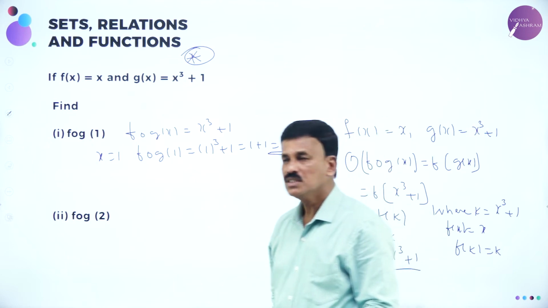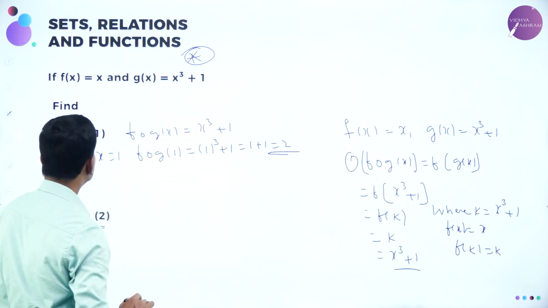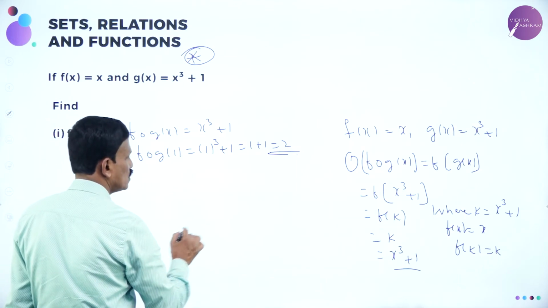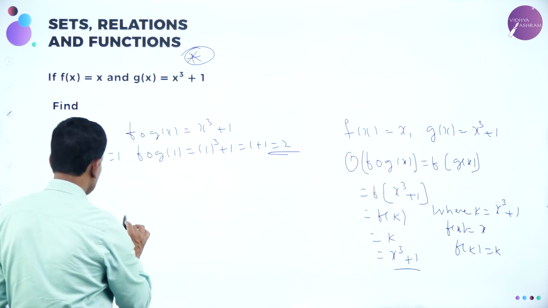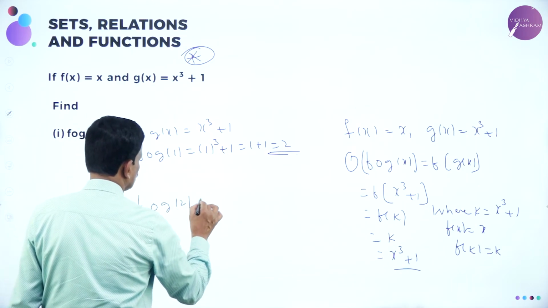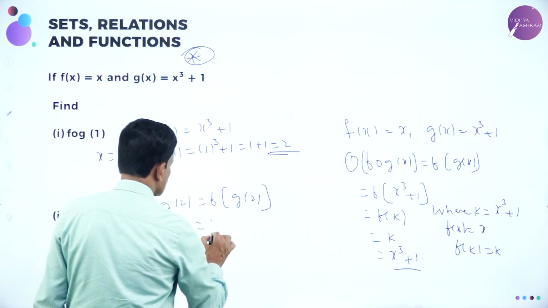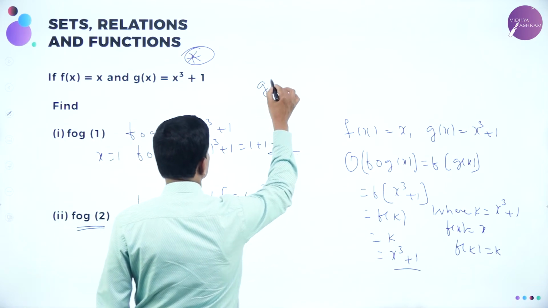Now similarly, come to this f o g of 2. You can substitute here, or there is another method for this. f o g of 2 can also be written as f of g of 2. Find out the value of g of 2.